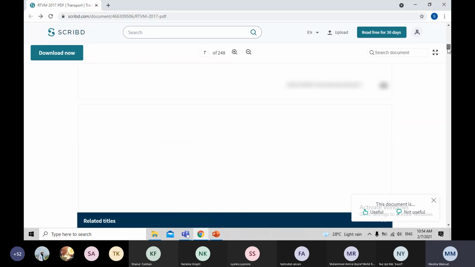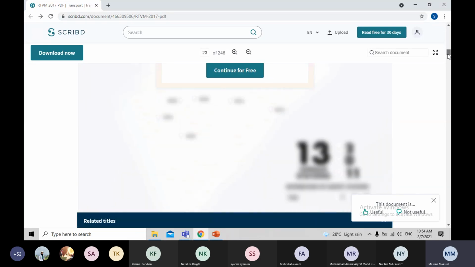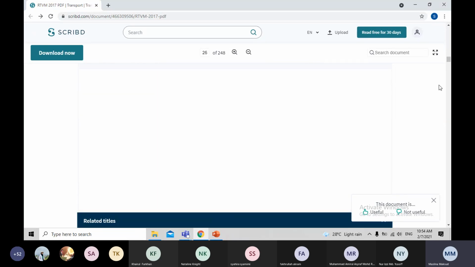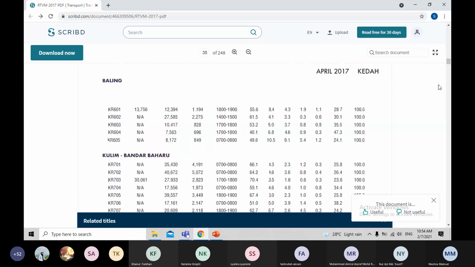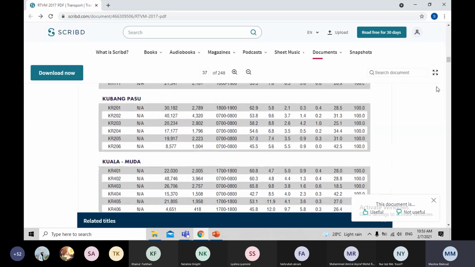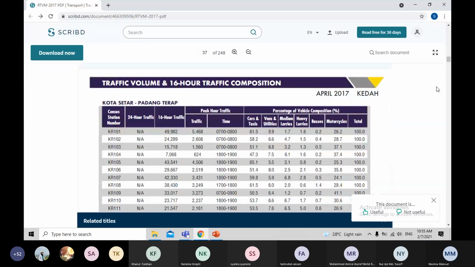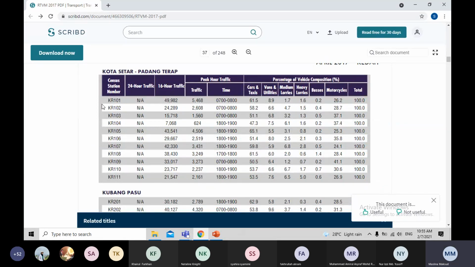So this one is really not cool, but it has the example. So this is the example at the Kedah. As you can see, the Kedah has its own station number.